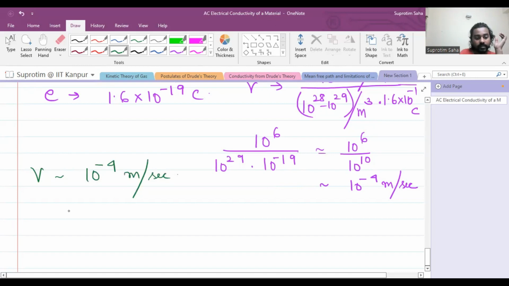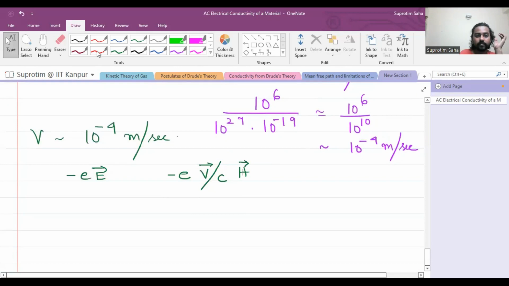Now the electric field part was minus e E vector, and the magnetic field part was e v vector over c. So there is an extra dimensionless factor, v by c.